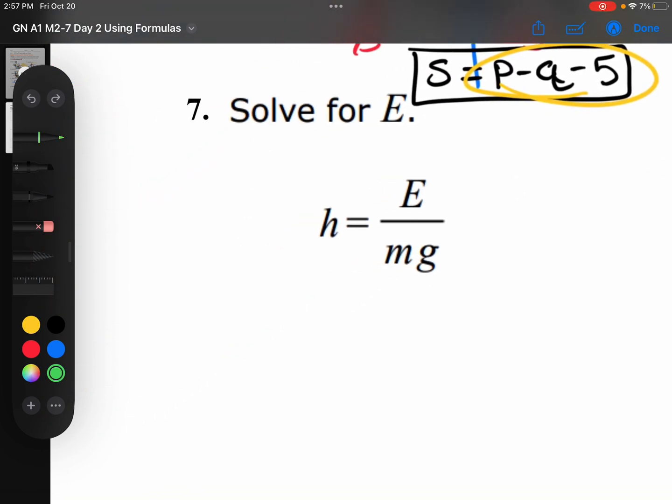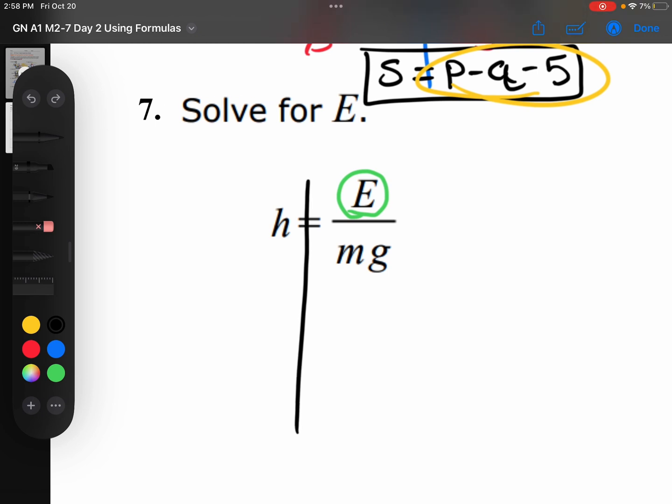They want us to solve for e. Now, to solve for e, we need to get rid of this ugly bottom of the fraction. Now, if I have numbers or letters on the bottom of a fraction, to get rid of them, we have to multiply by them. Okay? Now, I know the m and the g are both multiplying, so I need to multiply by the same exact thing.